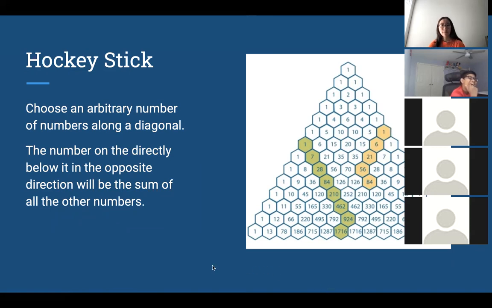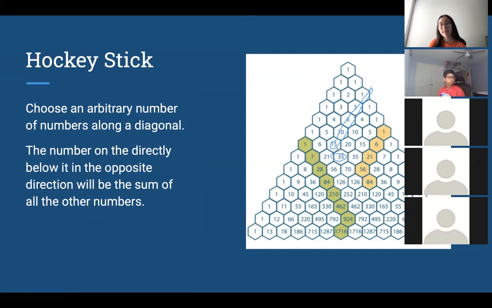And so we can take another diagonal. We'll take this diagonal right here, these numbers. Then we go in the opposite direction of the diagonal, and this is going to be the sum of all of that.